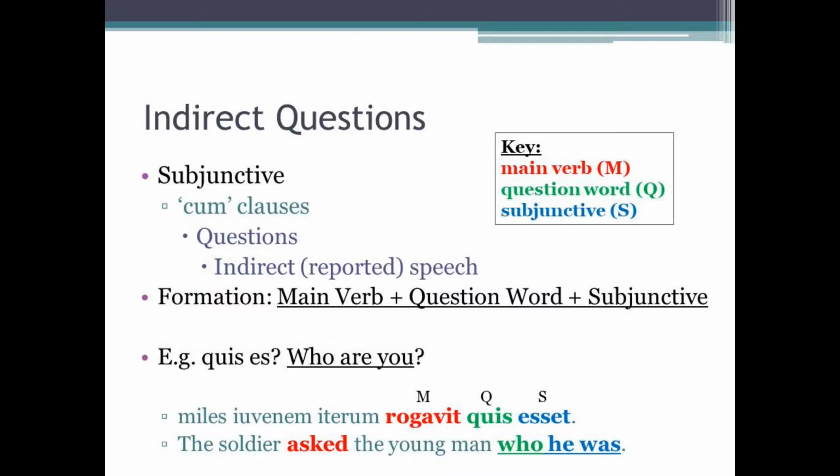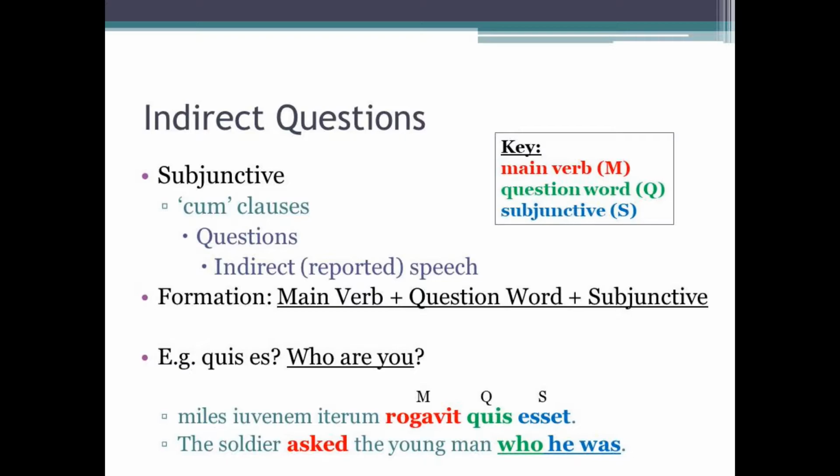So here's an example of another direct question: Quis es? Meaning who are you? And here is this question embedded within an indirect question. Miles juvenem iterum rogavit quis esset. And this means the soldier asked the young man who he was.